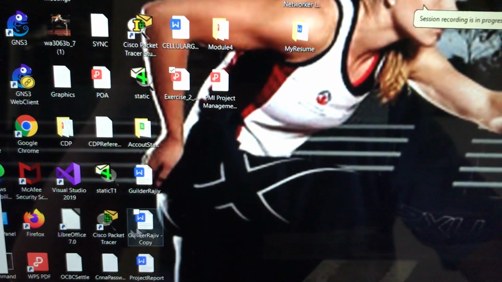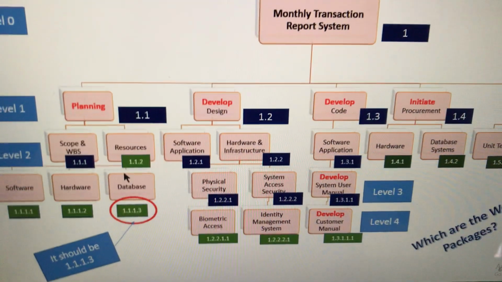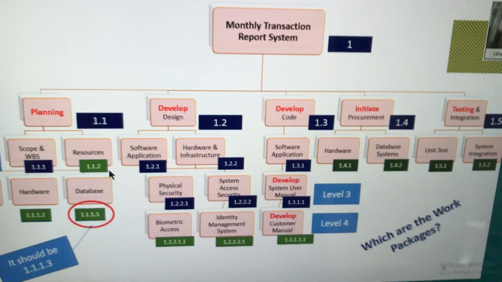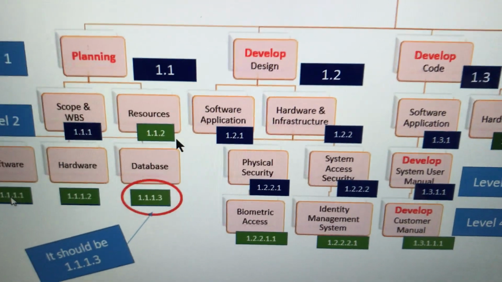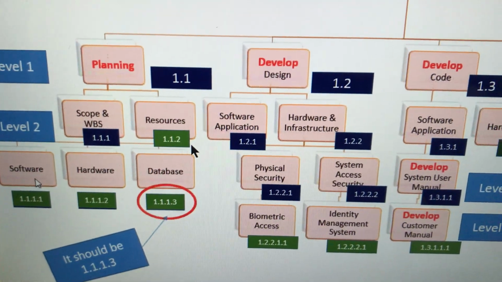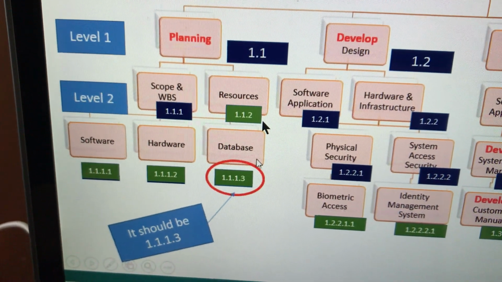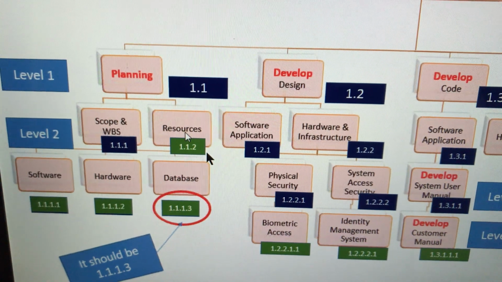Okay, sir. To ask that question, I want to clarify it further. Sure, thanks. What I'm saying is, follow my mouse highlighting: 1.1.1. The sum of whatever work you need to do for software, plus this hardware, plus this database, plus this resource is the work package marked in green.